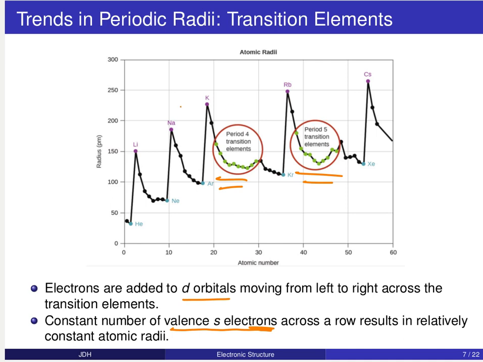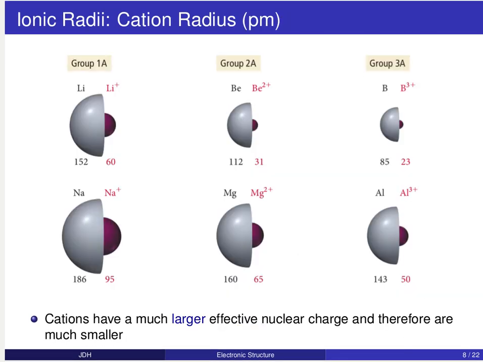so we get these regions of relatively stable radii. All right, before we move on from this, let's point out one other implication related to the size of ions. If you form a cation, you're of course losing your outermost electron. So it's not surprising that the cation is going to be smaller than the corresponding neutral atom.